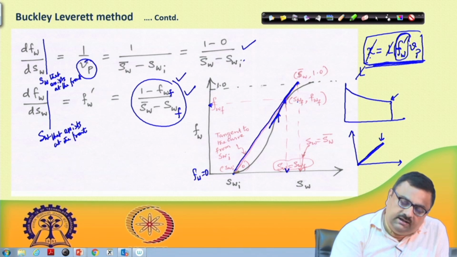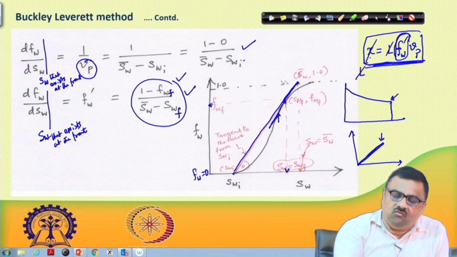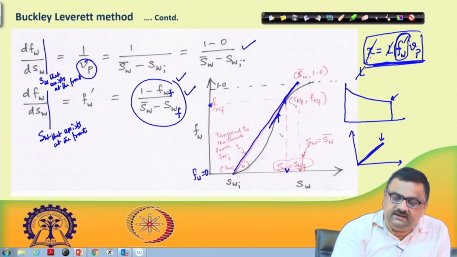So, if I look at the slope of this entire line, the change delta y is 1 minus 0 and delta x is SW bar minus SWI.